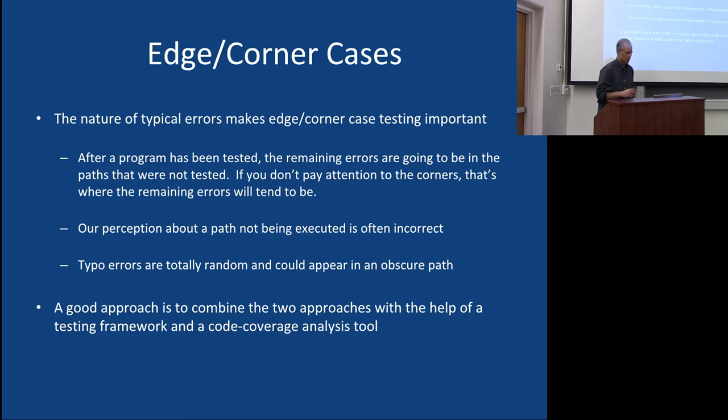And those tend to be edge cases, corner cases, whatever you want to call them. So you may convince yourself that this code is never executed, or it's executed very rarely. And if that means it's not tested, then you shouldn't be surprised when a bug crops up there. So that's why a code coverage tool can really help, because it forces you to pay attention to code that you may not be worried about or think about.